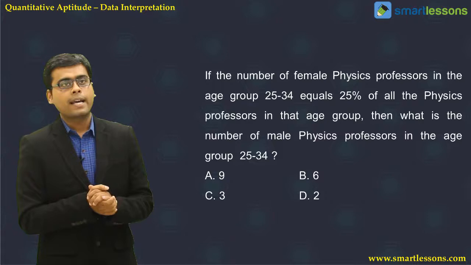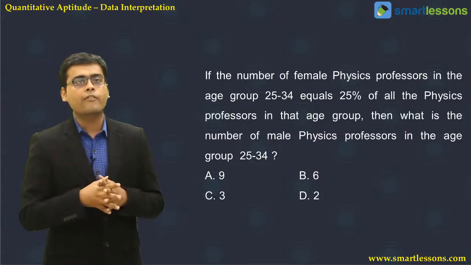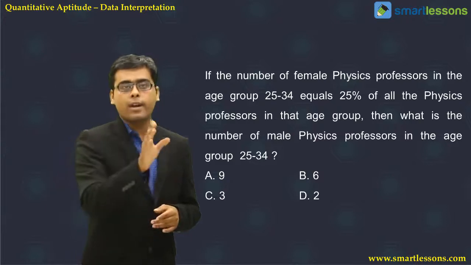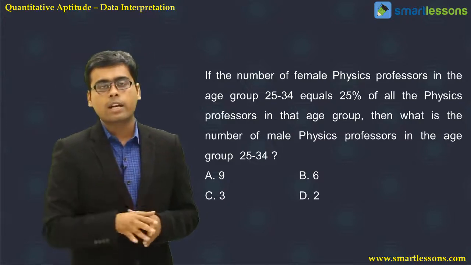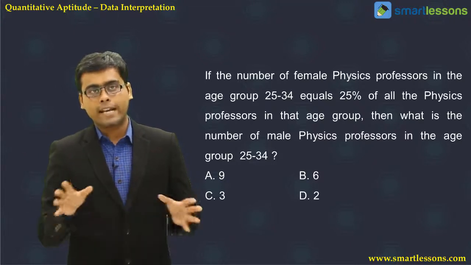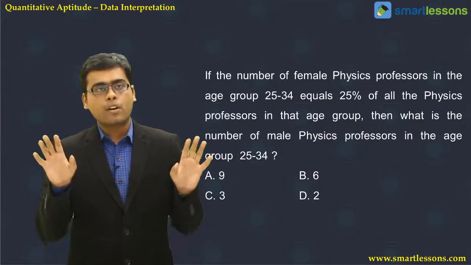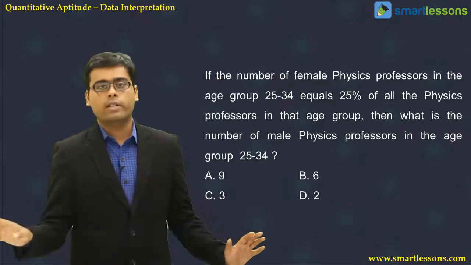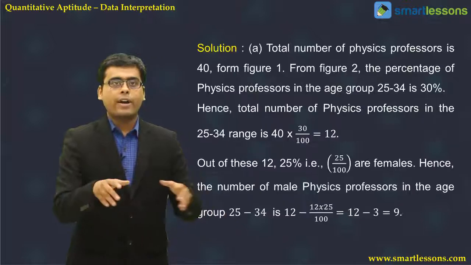Next question. If the number of female physics professors in the age group 25 to 34 equals 25% of all the physics professors in that age group, then what is the number of male physics professors in the age group 25 to 34? Alright.